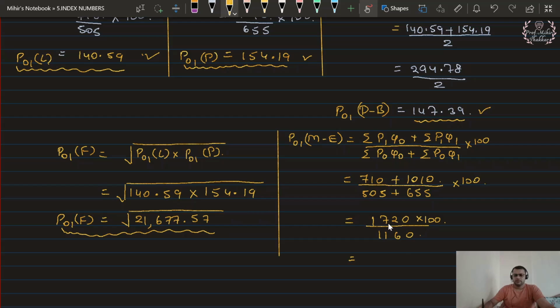Now when we take 1720 multiplied by 100 and divide this by 1160, we will get the answer as 148.27 or 28. So that is the value of the Marshall-Edgeworth's index number.